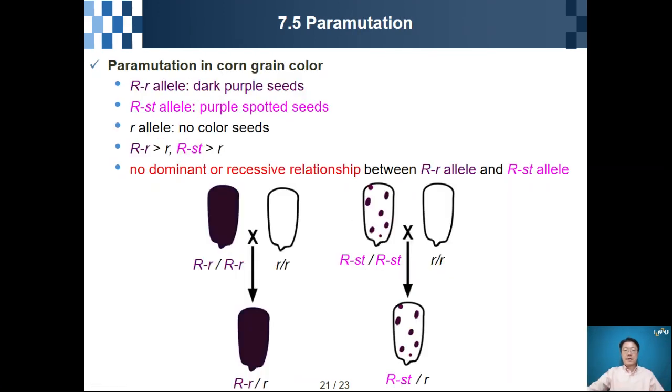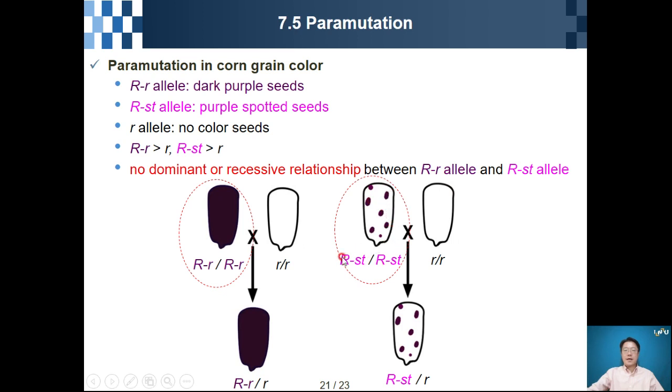In this slide, I will show you one example of paramutation, especially in corn grain color. For example, the large R dash small r allele encodes the dark purple seed, and the R st allele encodes the purple spotted seed.